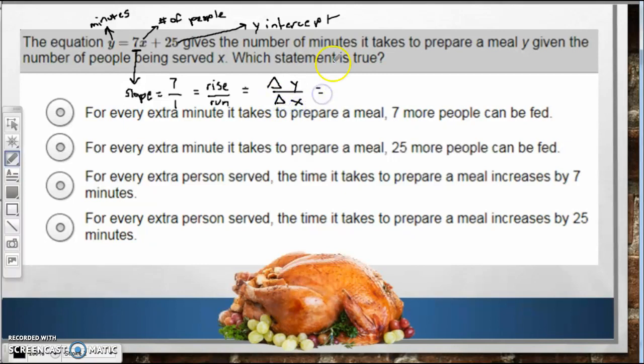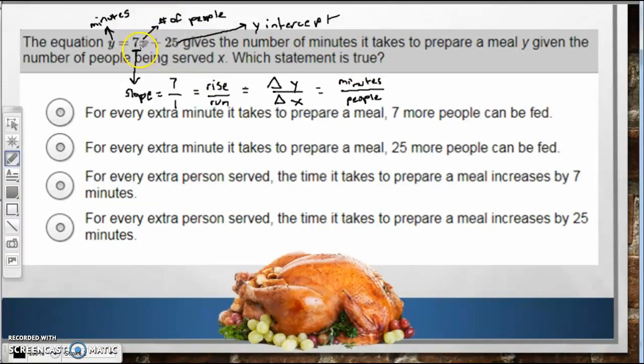So what that means is, as the minutes change, the number of people changes. Y over x. So what that's saying is every time we add a person, we multiply by 7.